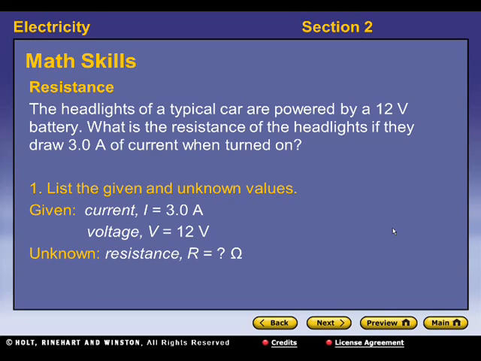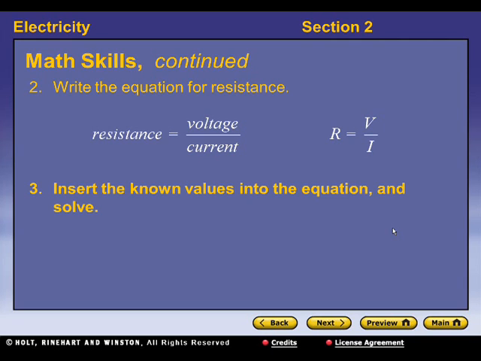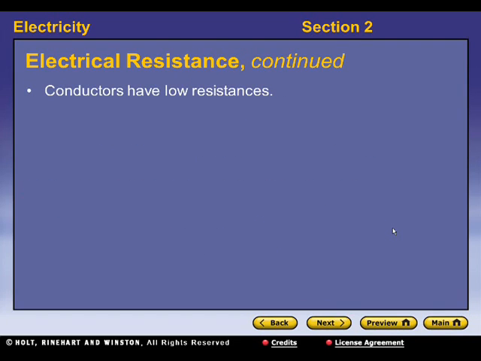The voltage is the car battery, so it's a 12 volt battery. Unknown to us, which it wants us to find, is the resistance in ohms. So we write the equation: resistance is voltage divided by current. We insert the known values. In this case, 12 volts is the voltage, 3 amps is the current, and that gives us a resistance of 4 ohms.